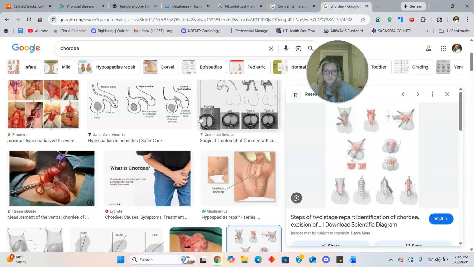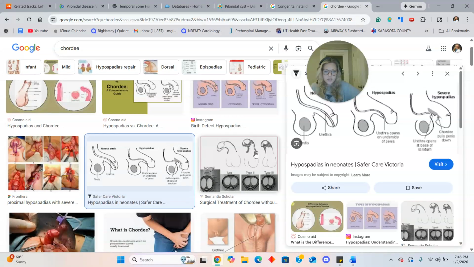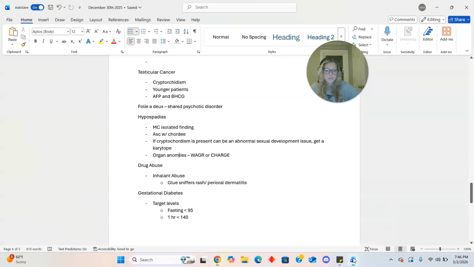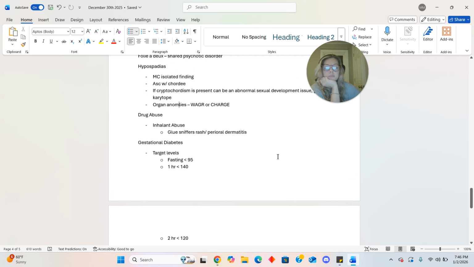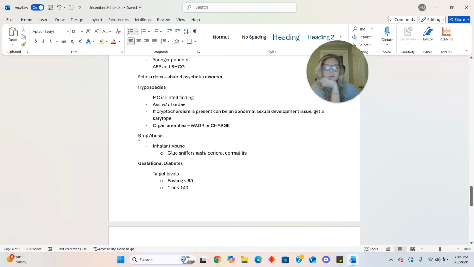And again, hypospadias, hypo is below. Epispadias is above. So just know that. If cryptorchidism is present, you want to rule out some type of sexual abnormality. So get a karyotype.